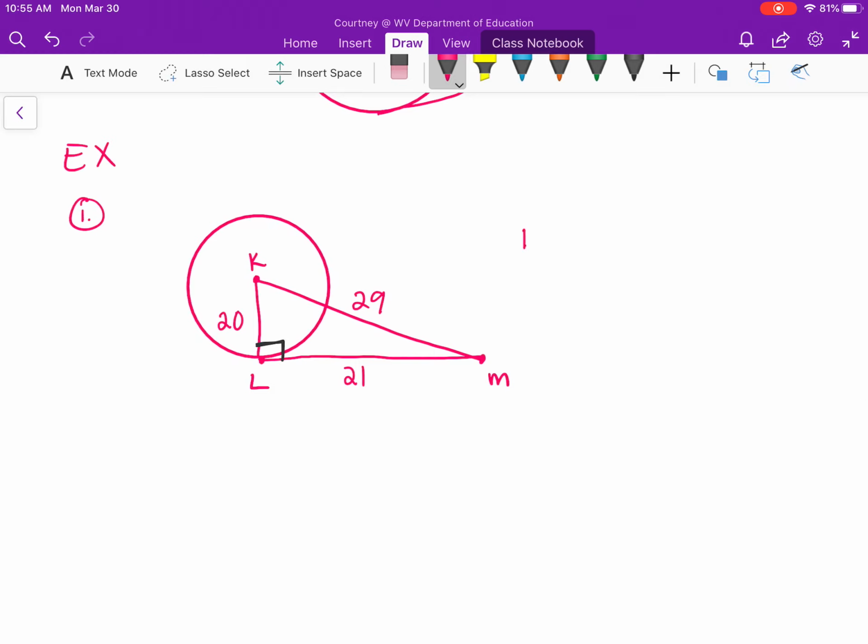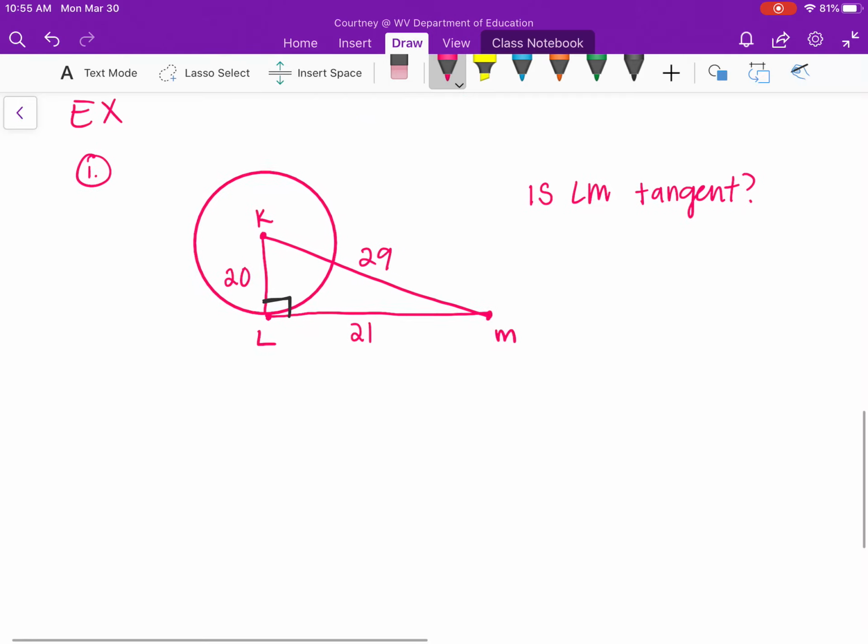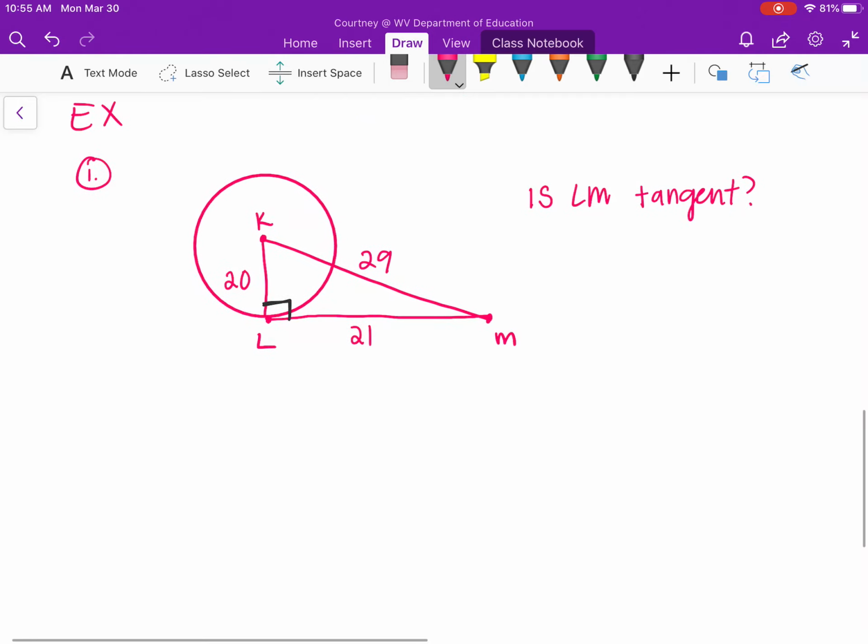The question is, is LM for sure tangent? Does it definitely make a right angle? Let's see. How can we check that? Well, let's make sure the Pythagorean theorem is true, because if the Pythagorean theorem holds true, then that means this is, in fact, a right triangle.